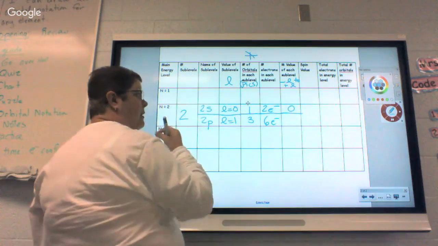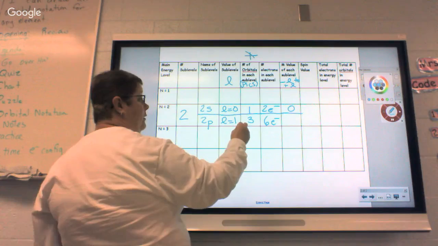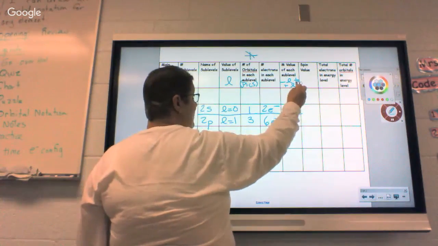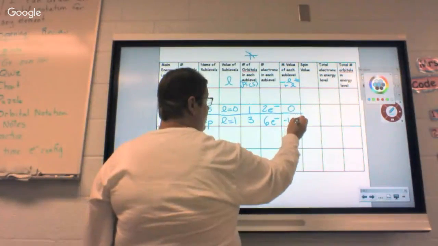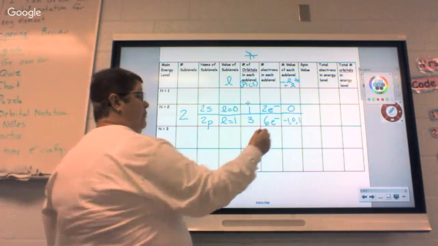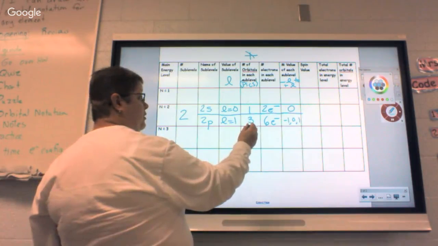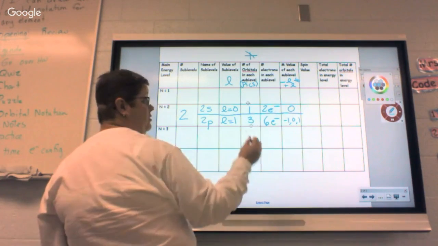So, if we take this l value of 1 and plug it in, minus l to positive l would be negative 1, 0, and 1. I have how many different numbers here? And each of those numbers is for those 3 different orbitals or pictures.